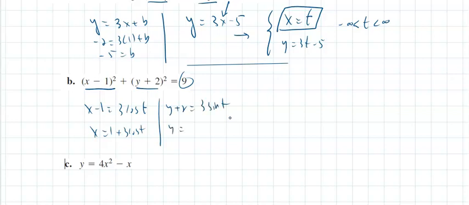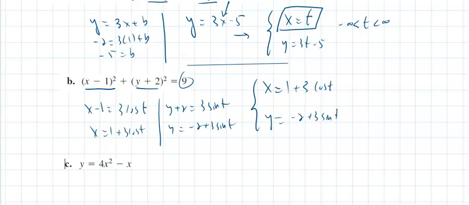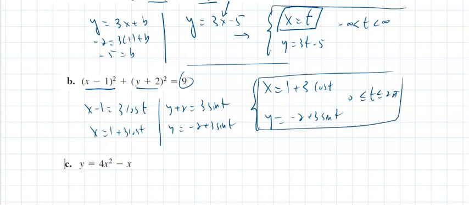And y would be negative 2 plus 3 sine of t. So x equals 1 plus 3 cosine of t, and y equals negative 2 plus 3 sine of t will do. And if I just want a circle, I could run it from 0 to 2 pi because they didn't specify. And there's my answer.